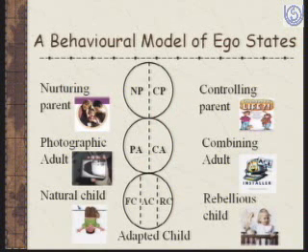This is showing a behavioral model of ego states. You will understand why we call it a behavioral model, because by and large, if you just see on the screen there, I have described the different kinds of behavior we normally show in our day-to-day life.